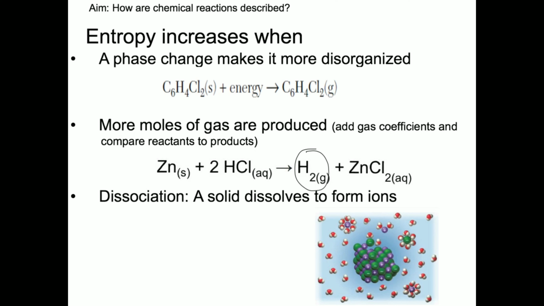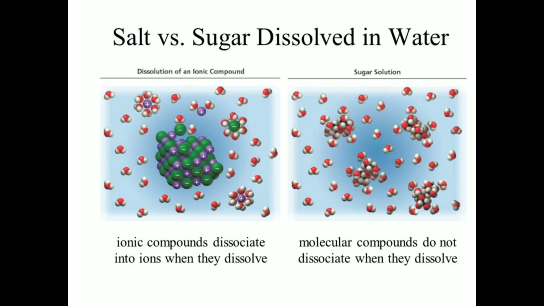We know that when ions form, they dissociate into water. They separate into their individual charges in water and create an electrolyte solution. So here you can see the dissociation of an ionic compound and a covalent compound.